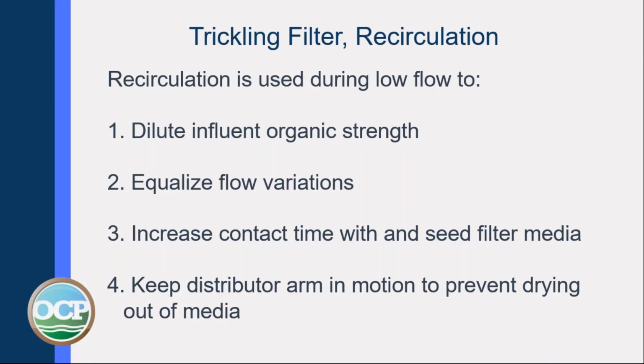It increases contact time with and seeds the filter media. Your water will flow over that media more than one time. And it keeps the distributor arm in motion to prevent the drying out of the media. A lot of the trickling filters do not use power to power that distributor arm. The force of the water coming out will turn the arm.